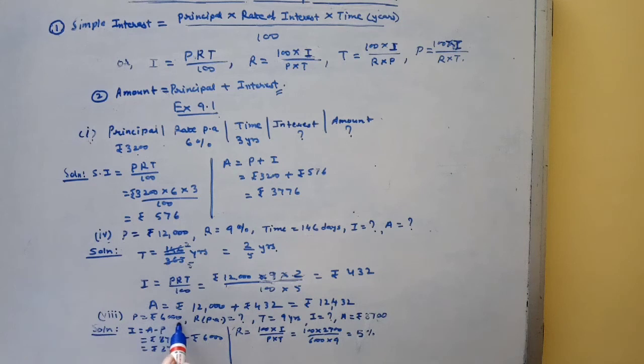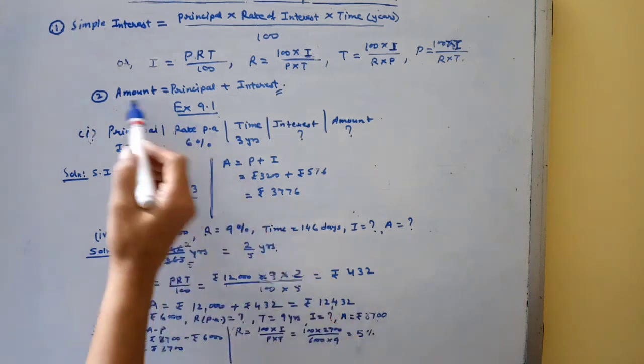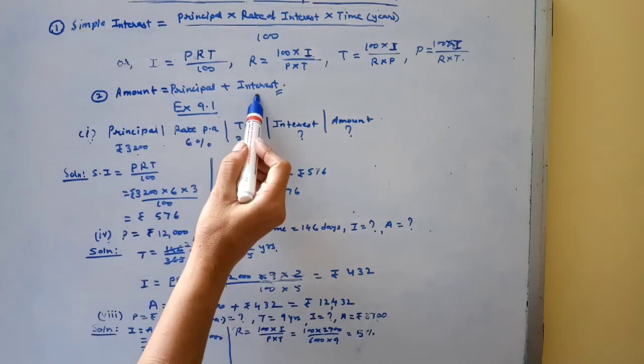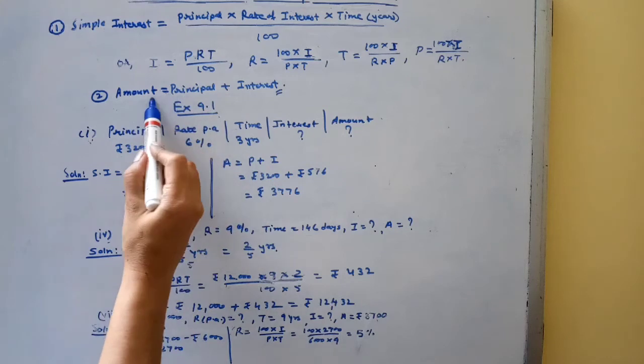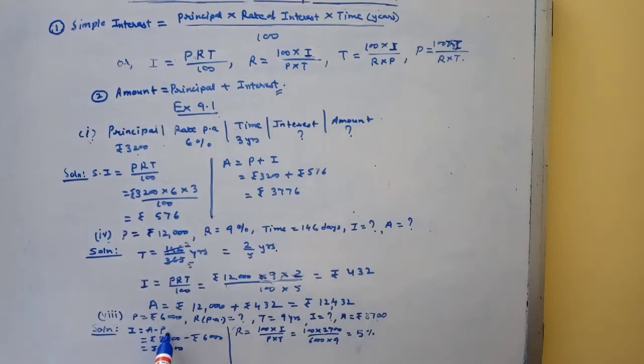Now we do the eighth sum. Here principal is given; find the rate and interest. Time is given, 9 years. Amount is given, that is rupees 8,700. Now using this formula, interest equals amount minus principal. We put the values of amount and principal in the formula.